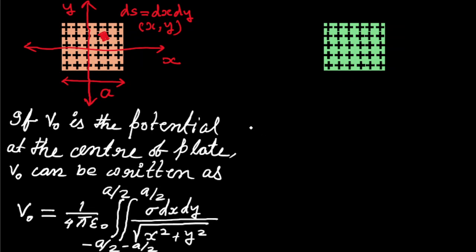And in a similar way, if we want to calculate the potential at one of the corners of this plate, again we can assume a coordinate system.